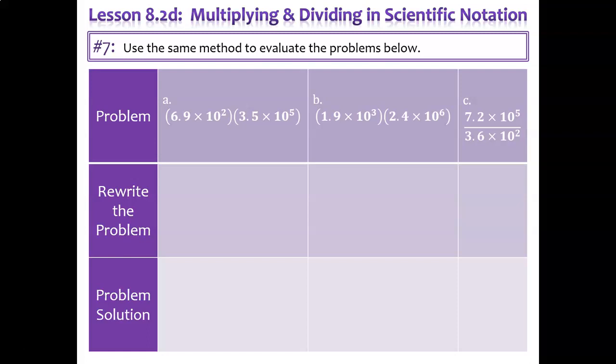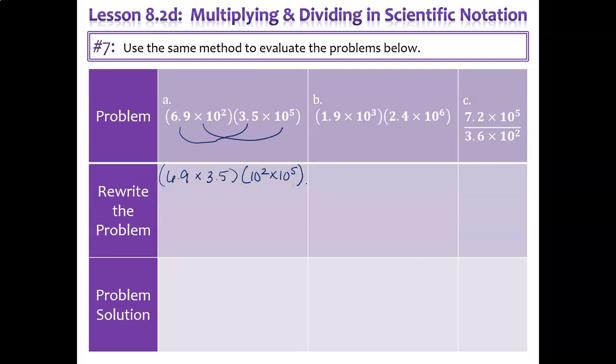So what you're going to do is take the two types of numbers and group these numbers together. So I have 6 and 9/10 times 3.5. I'm going to group them together, and then I'm going to group our powers of 10 together and multiply them.